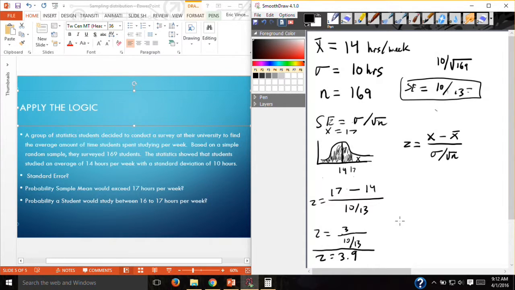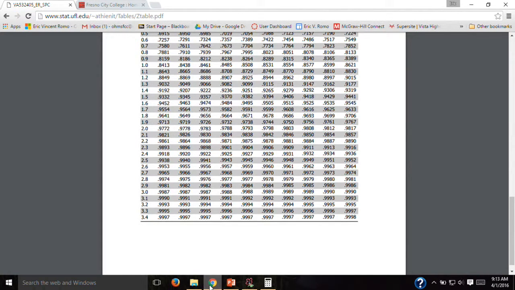So no one would exceed because the entire chart has a z-score of exactly 3.4.